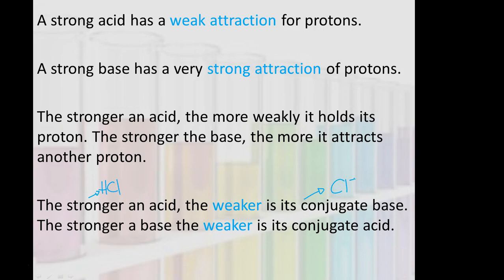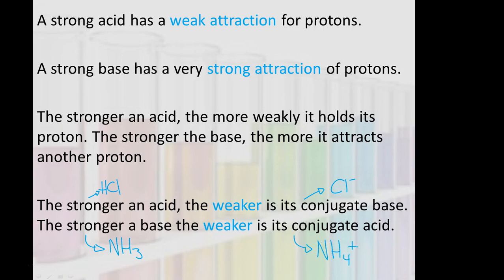The stronger a base, the weaker its conjugate acid. So that's a harder one. Let's go with NH3. If that's a strong base, its conjugate acid would be what? NH4 plus, yeah.